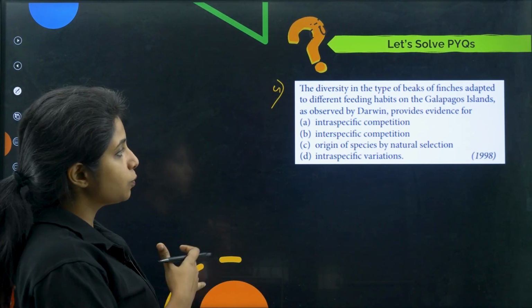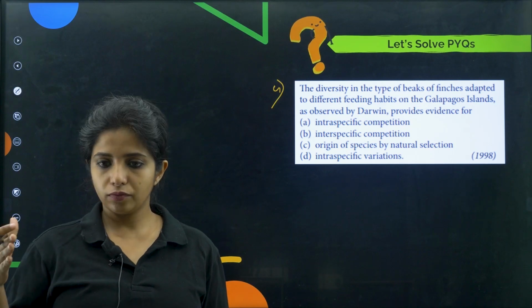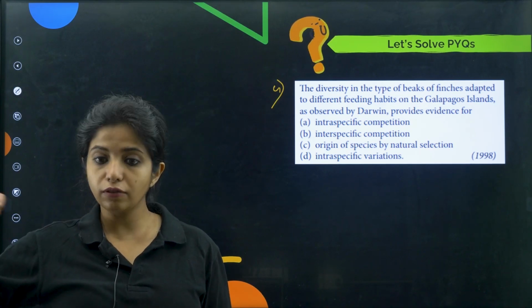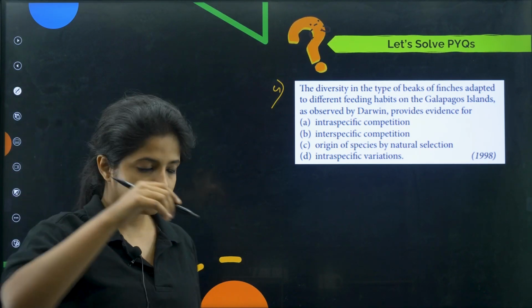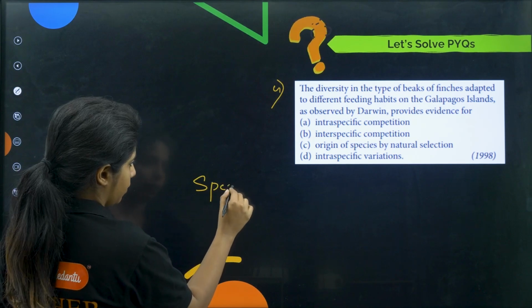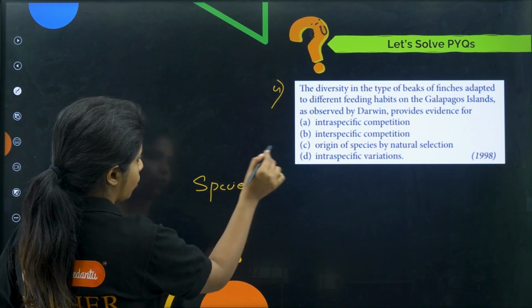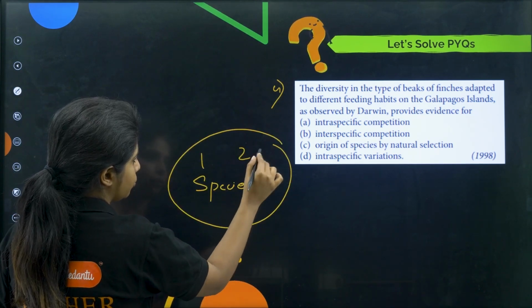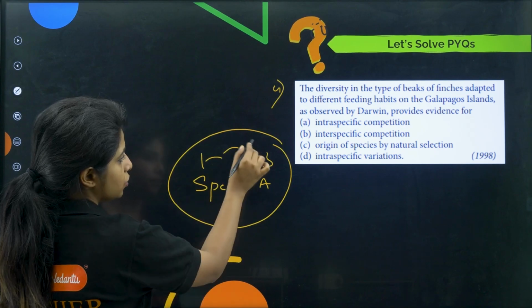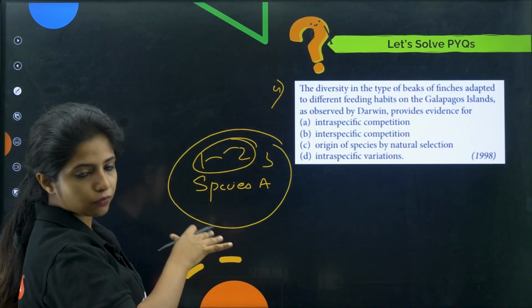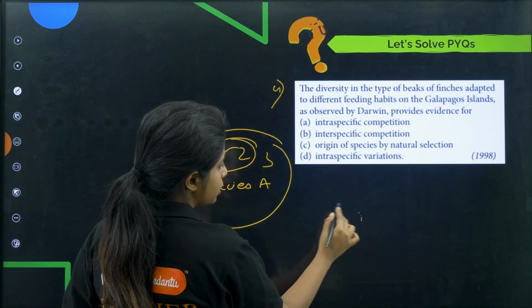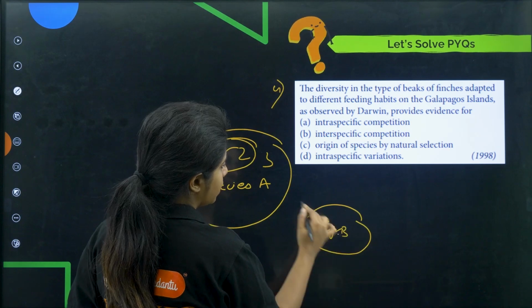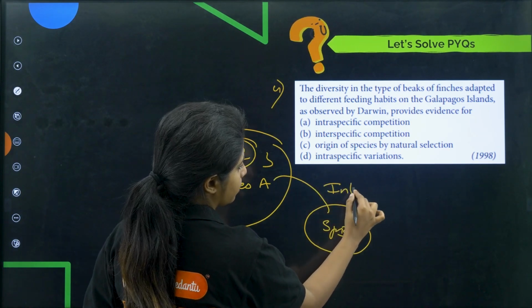Okay, interspecific competition is between different species. So intra means, this is species A, this is species A. So organisms coming under this, 1, 2, 3, if they are fighting, this is known as intraspecific competition. Now this is species A and this is species B and they are fighting, it is known as interspecific.